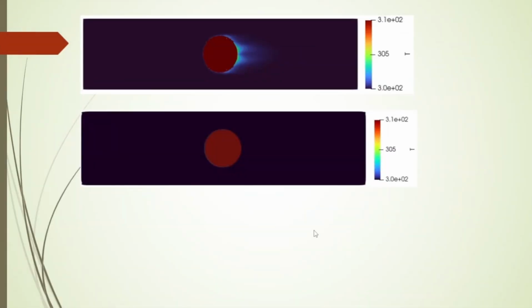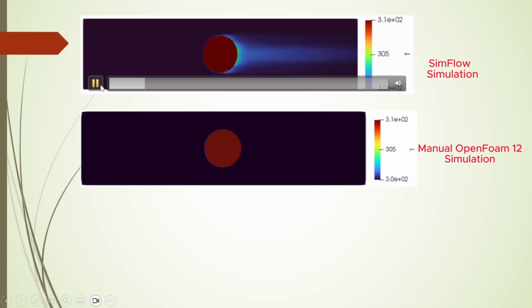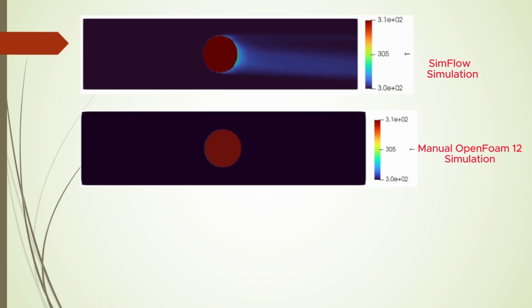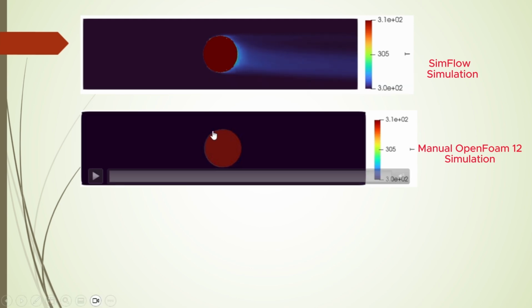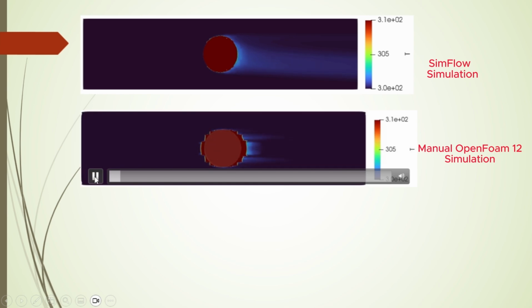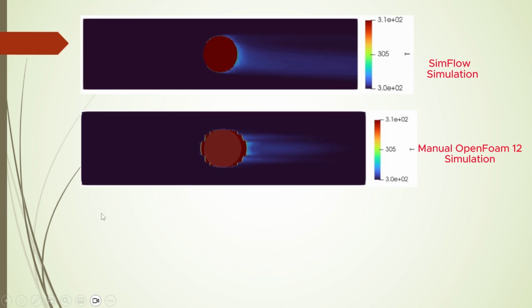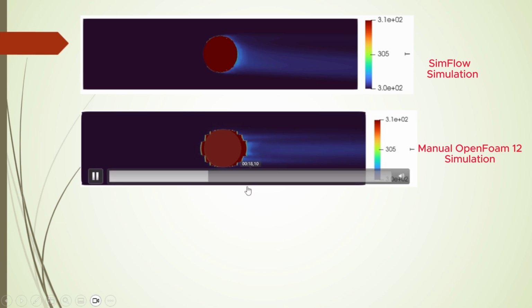The animations created from both the simulations are presented here. In the downstream of the cylinder, the convection of temperature in fluid region can be seen. There seems to be slight difference due to mesh refinement near the cylinder in this region.